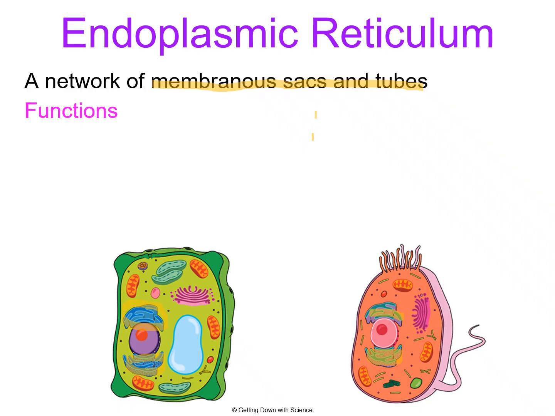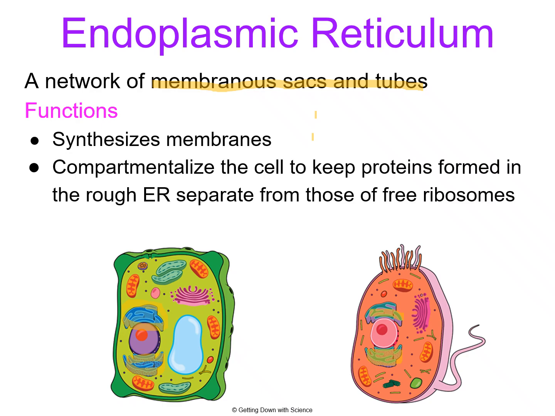Now let's talk about the function of the endoplasmic reticulum. It synthesizes membranes for the nucleus, and it also synthesizes membranes for other organelles. It helps to keep the cell as a unit compartmentalized. So remember, to synthesize means to produce.